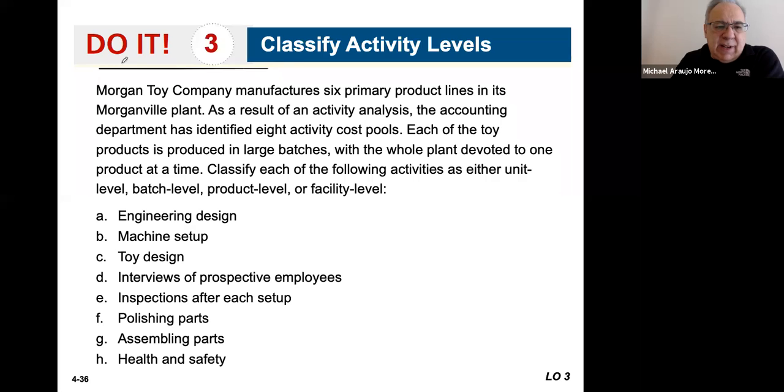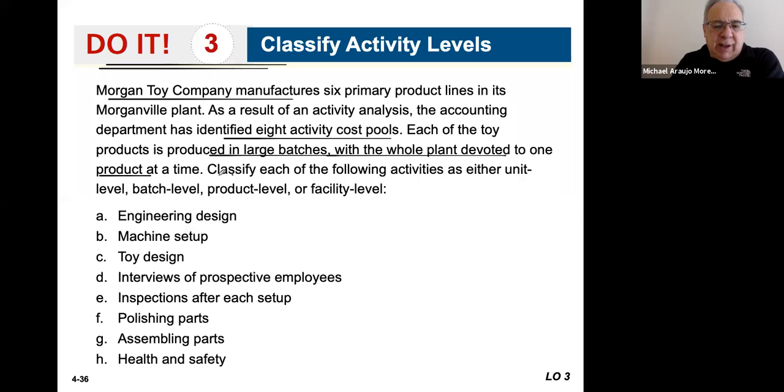And so here you go. Your do it exercise for learning objective 3 is classifying these activities for Morgan Toy Company. They have 6 product lines at its Morganville plant. The accounting department has identified 8 activity cost pools. These toys are produced in very large batches, and the whole facility is devoted to producing one product at a time.